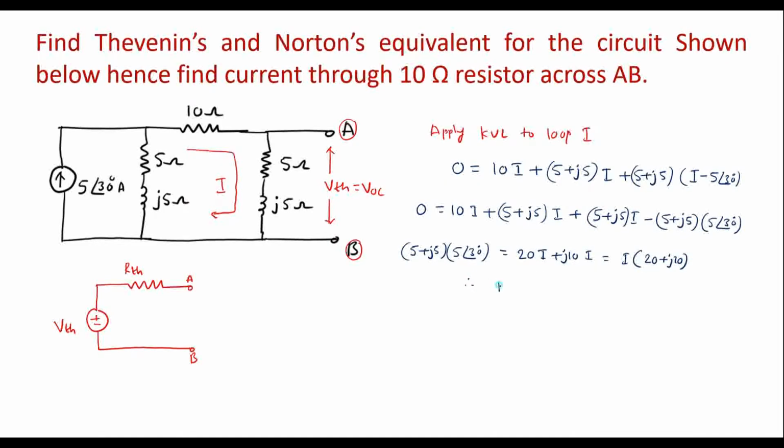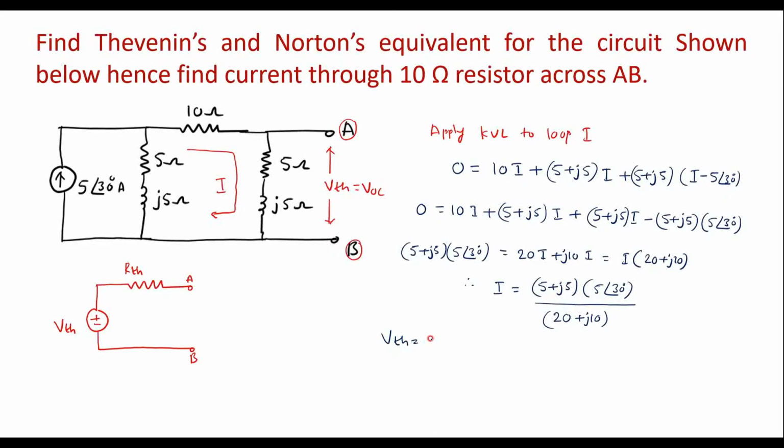So therefore we can find I is equal to (5 plus J5) 5 angle 30 divided by (20 plus J10).